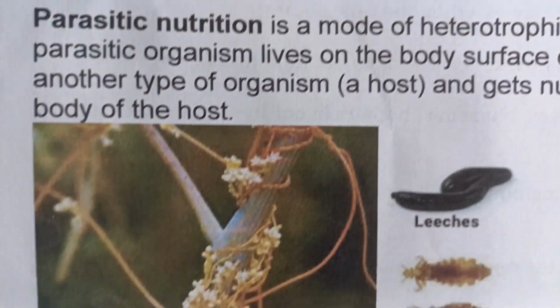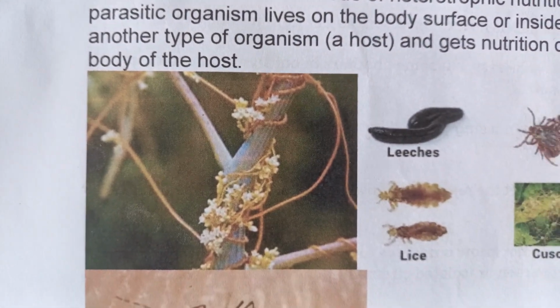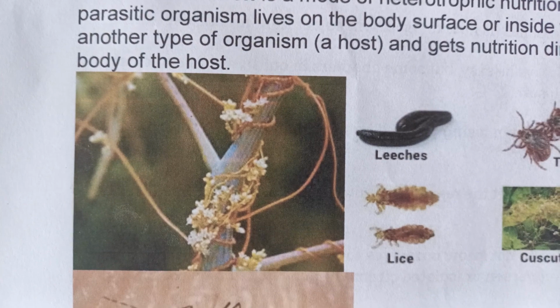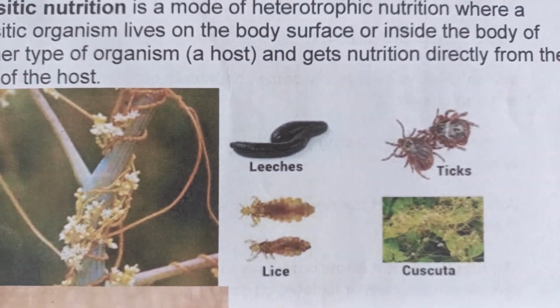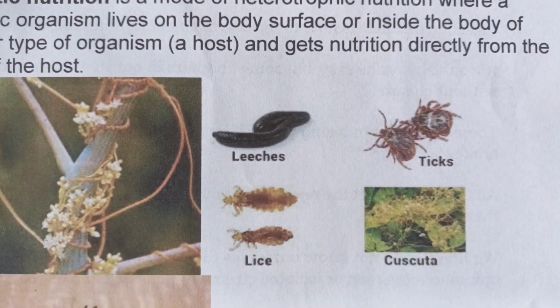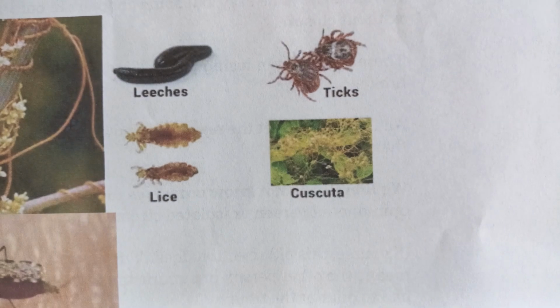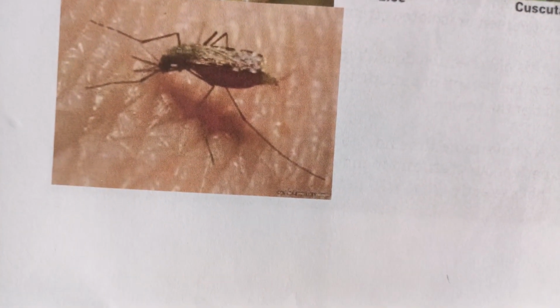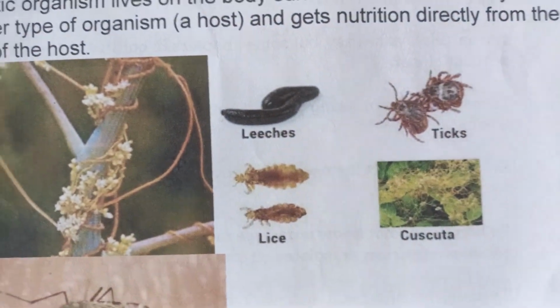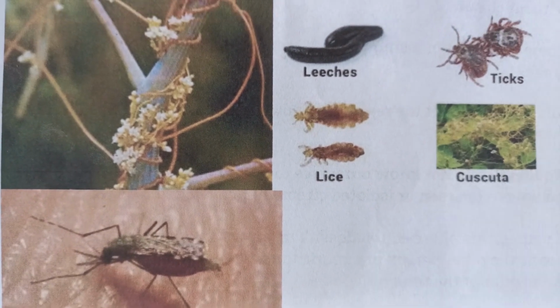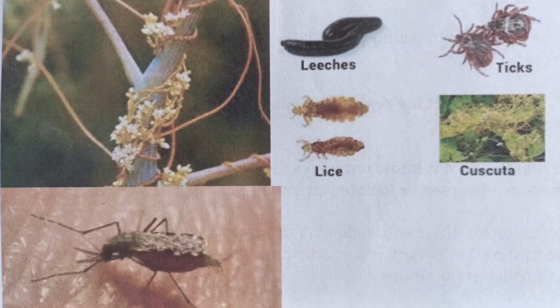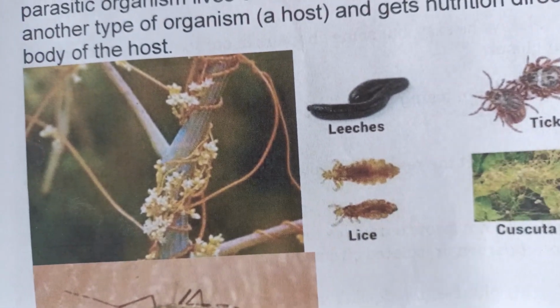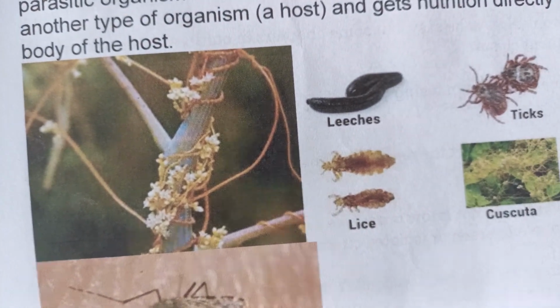Various examples for this are cuscuta, which in our Hindi and Marathi languages is called amarbel, ticks, lice, leeches, tapeworms, mosquitoes. These are the parasitic organisms. They don't kill the organism, but they get the food either from the external or inner surface of the organism directly.